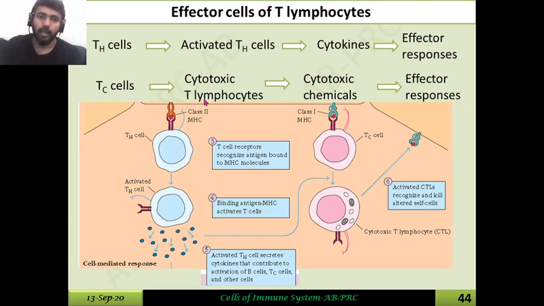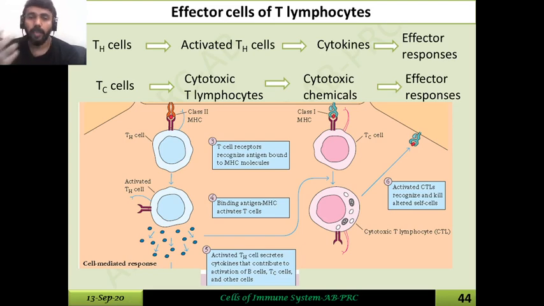See, you can look at T cytotoxic cells are activated on interaction with class 1 MHC molecule, and we know that class 1 MHC molecules are present usually on all nucleated cells, right? They are present on all nucleated cells. So how is this class 1 MHC responsible for presenting an antigen?